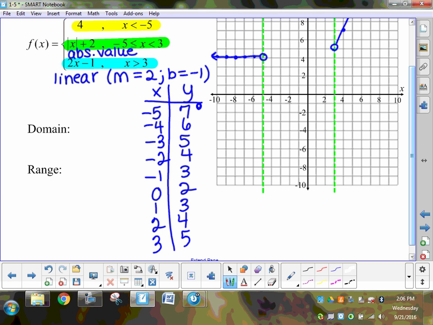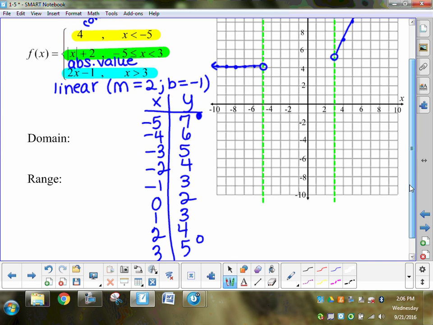Is that an open circle or closed circle? Open circle. So now I'm going to finish plotting this out. I've got 3, 5, that's open. Down, down, down, and we go up, up. And negative 5, 7 is closed. So all this is the absolute value piece.